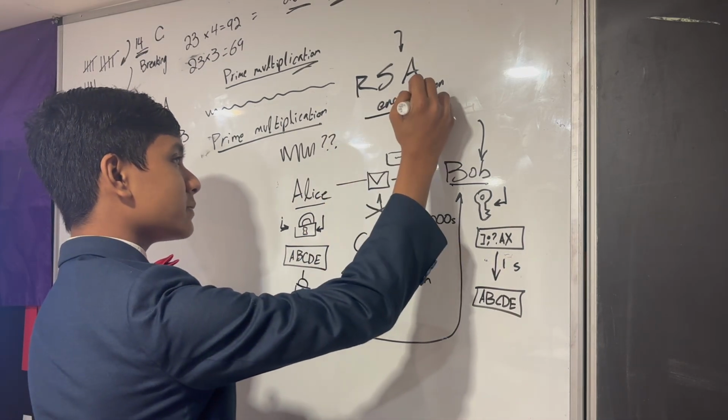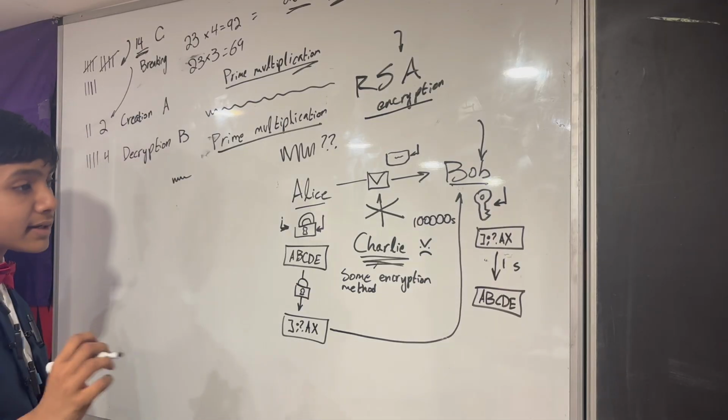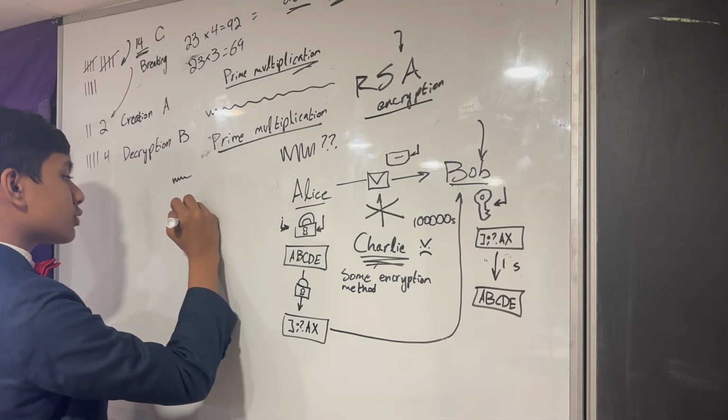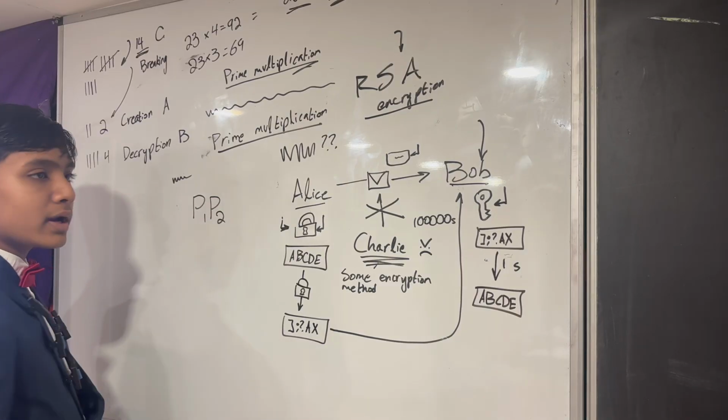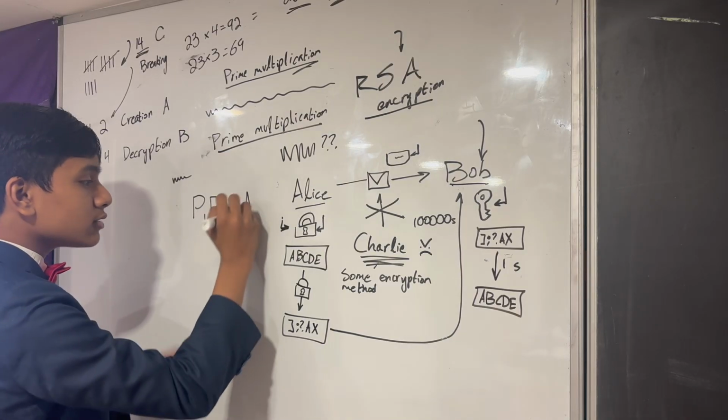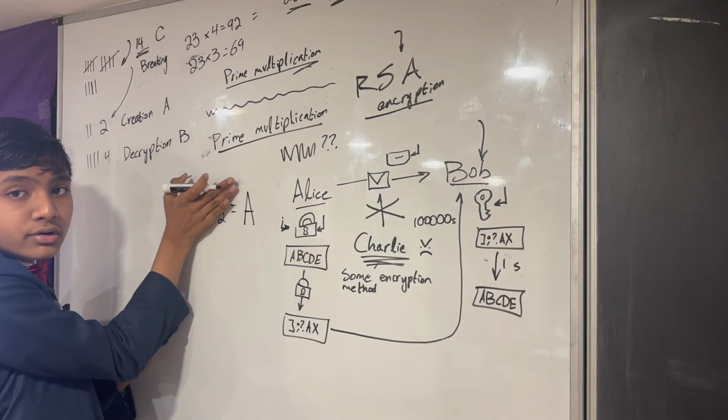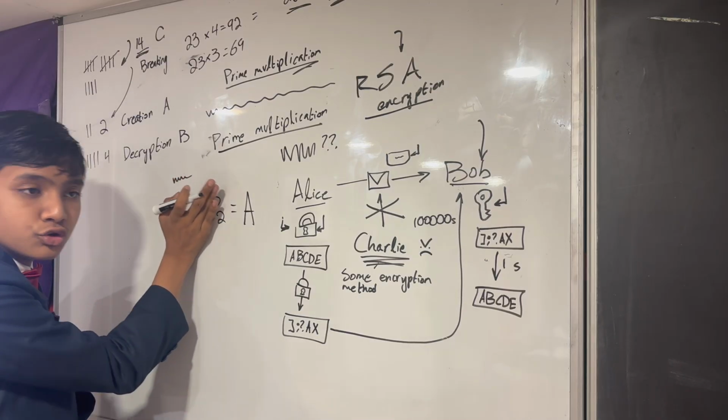RSA encryption is a little bit more complicated than that, but it essentially relies on the principle that if I multiply P1 and P2 and only show you the final result, you will have a very hard time figuring out P1 and P2.